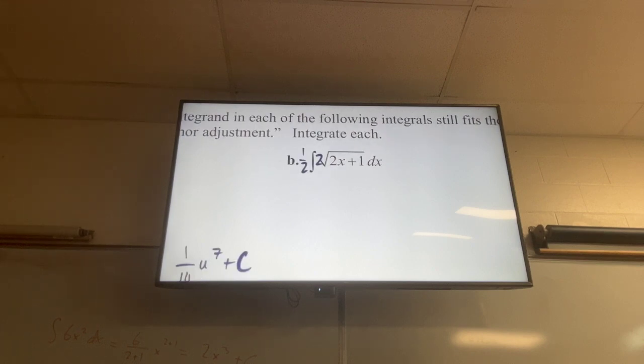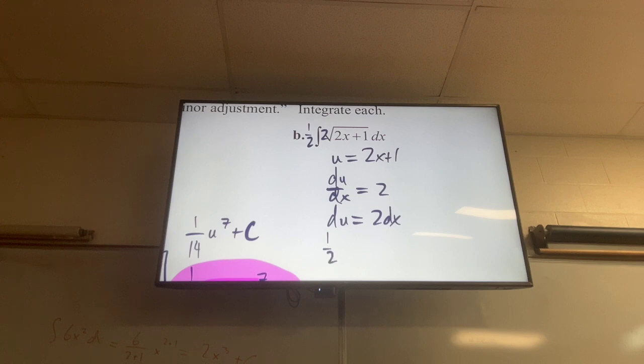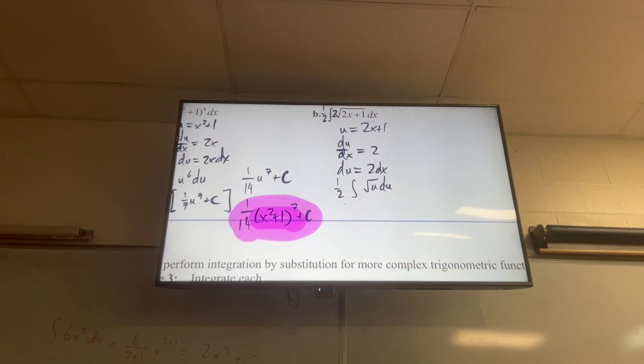So that becomes, and then what am I going to set u equal to? 2x plus 1, so du dx is 2. 1/2 times the integral of root u du. Take that antiderivative.